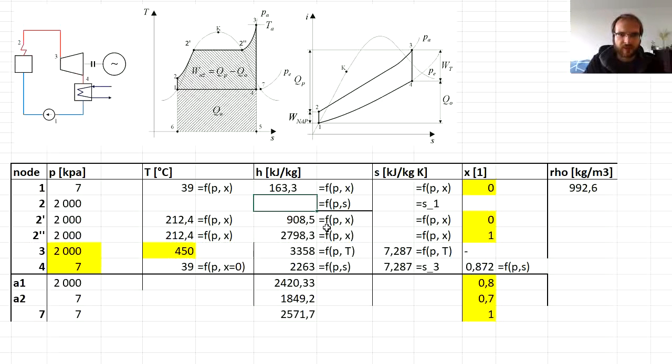So we can insert the value into our table. So it's 165.36 kilojoules per kilogram. And yeah, what is missing here?